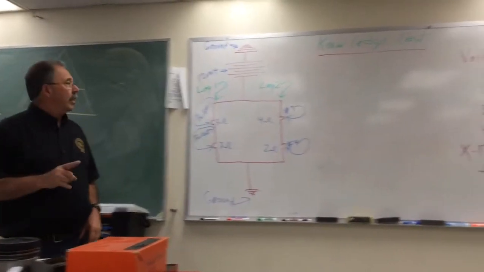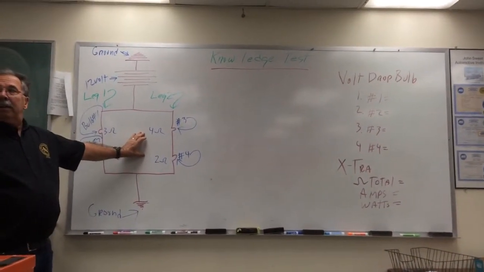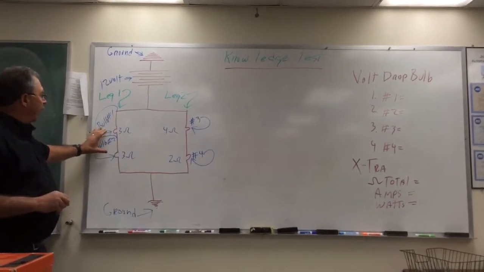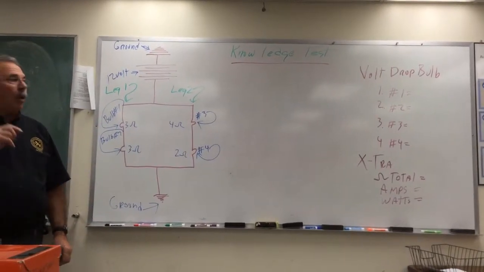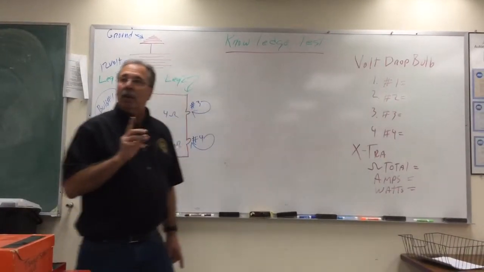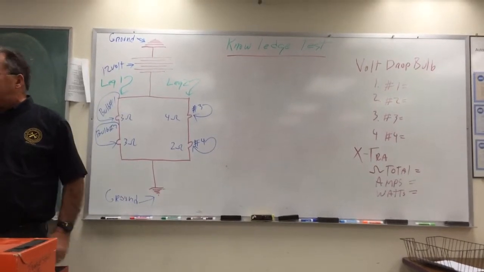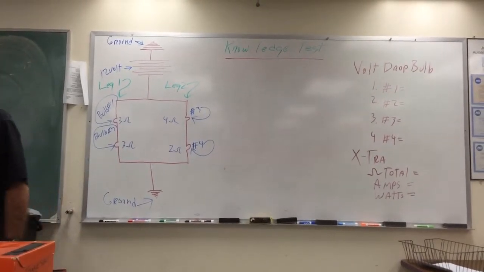Okay, so that's good to know. So how much resistance is in this leg? 6. And how many is in this leg? 6. So we'll be figuring this after we stop taping. In other words, the total circuit resistance will be something less than 6, correct?